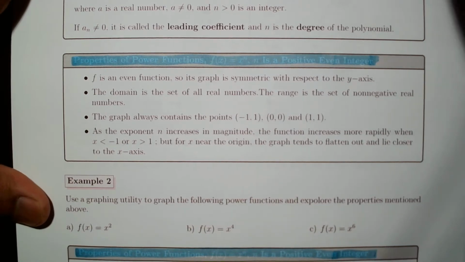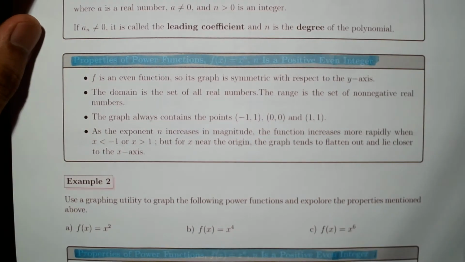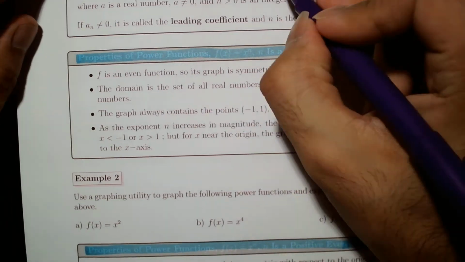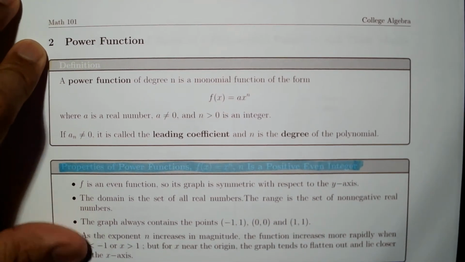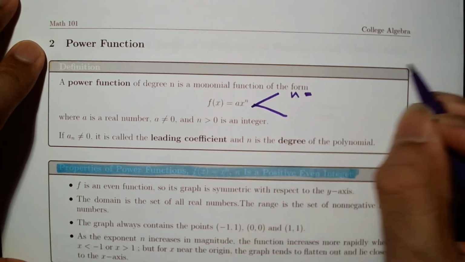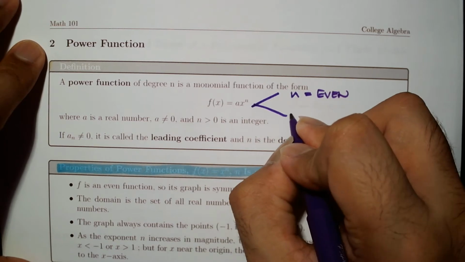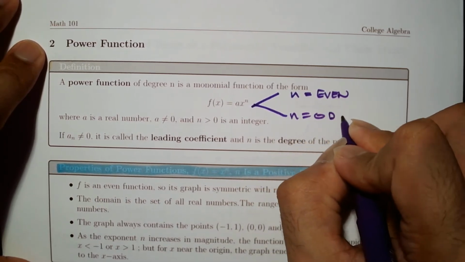Properties of these functions. In this case, it would be a good idea to split into two cases of the power function: that in which n is even and that in which n is odd.